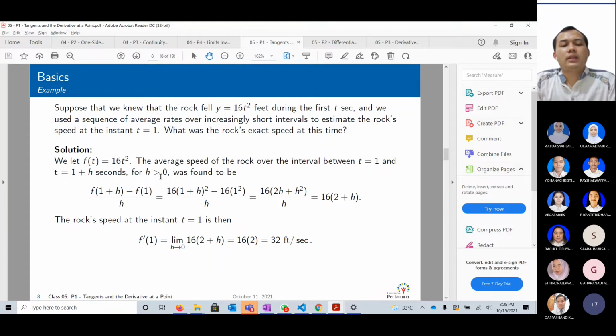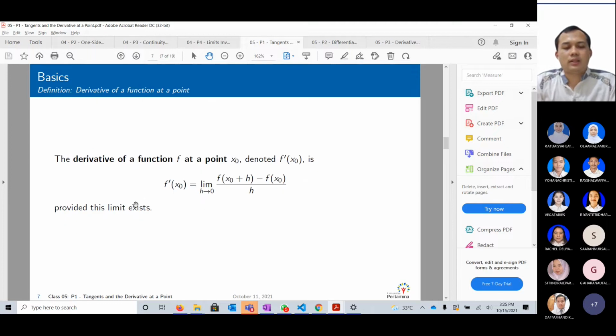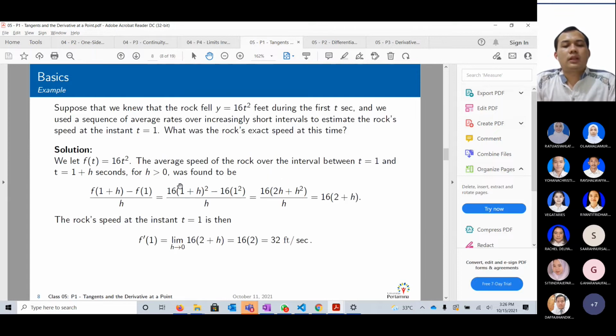So for h greater than 0, we have that f of 1 plus h minus f of 1 over h equals, in the end, 16 times 2 plus h.